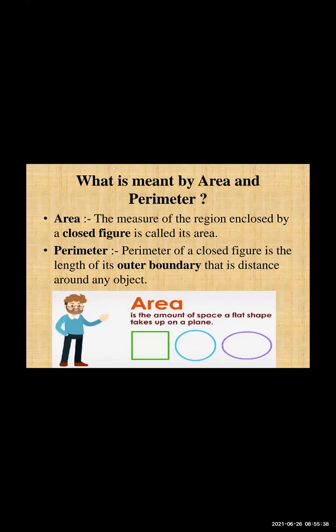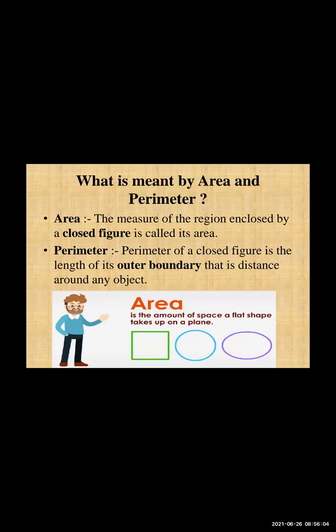And what is meant by perimeter? Perimeter of a closed figure is the length of its outer boundary, that is the distance around any object. So what is perimeter? It is your outer boundary. Whatever closed figure is given to you, the outer boundary of that figure is your perimeter.